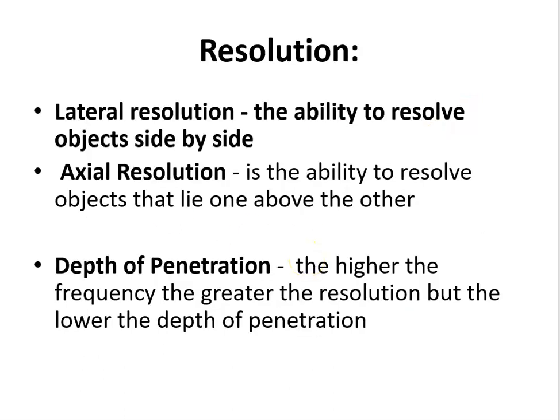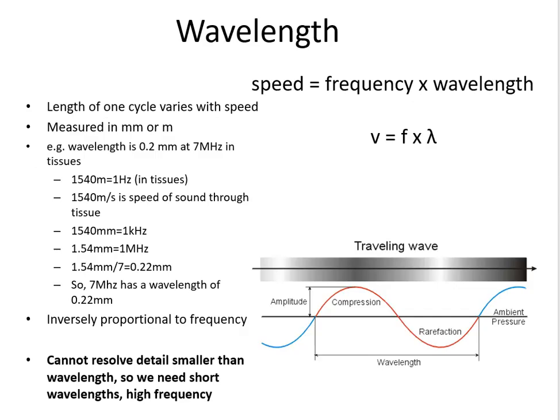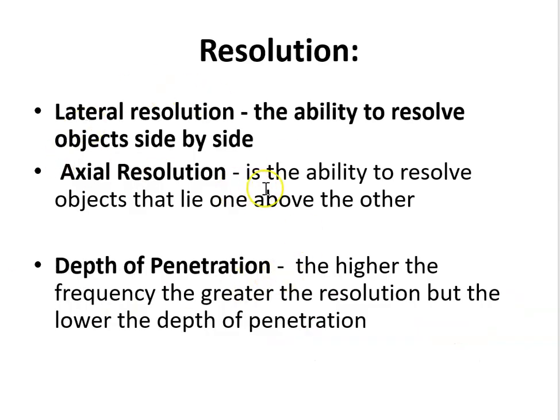So I mentioned resolution briefly on this slide. So we want to be able to resolve detail, and we need a wavelength which is smaller than the thing that we are trying to resolve. So when we're dealing with ultrasound, we're dealing with lateral resolution, that's objects which are side by side, and then axial resolution, which is objects that lie above each other.